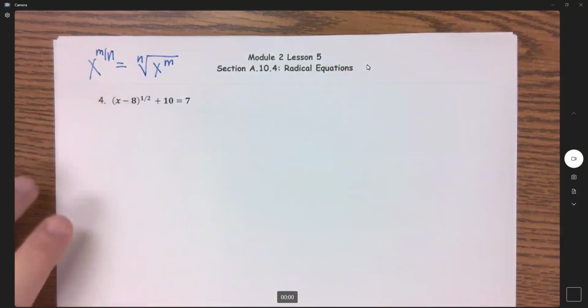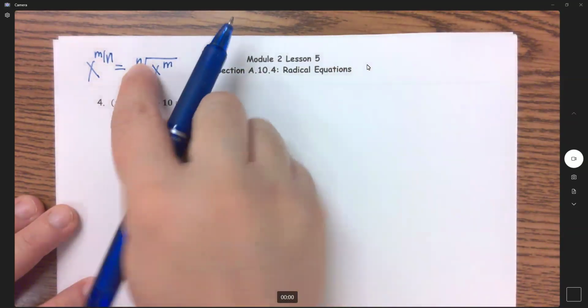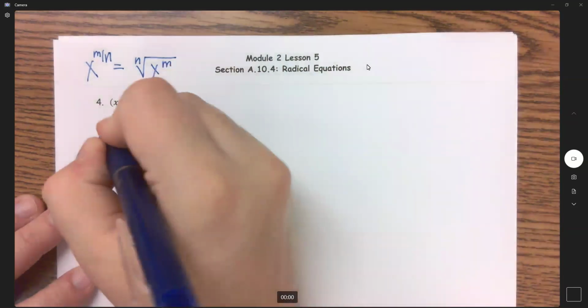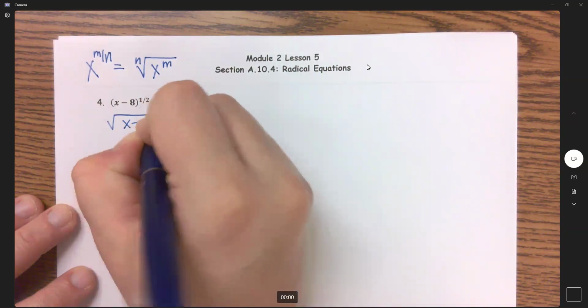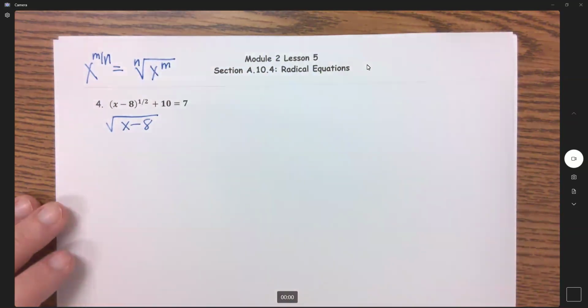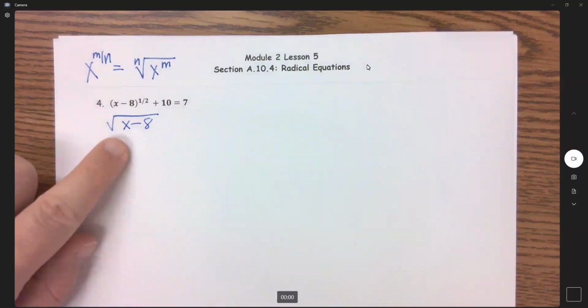So here, this 2 is going to come around to become the index, but I don't really need a 2 there. So that's just the square root. We'll have x minus 8, and that's all to the first power, so I don't need an exponent of 1. So x minus 8 to the 1/2 power is the same as the square root of x minus 8.